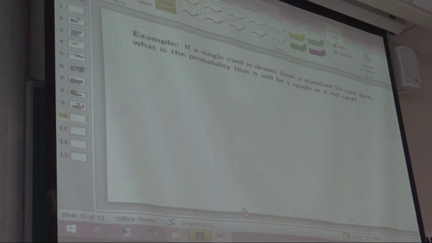So if a single card is drawn from a 52-card deck, I think I showed you yesterday, from that kind of poker deck, what is the probability that it will be a spade or a red card? So we are to compute the case of spade or red.